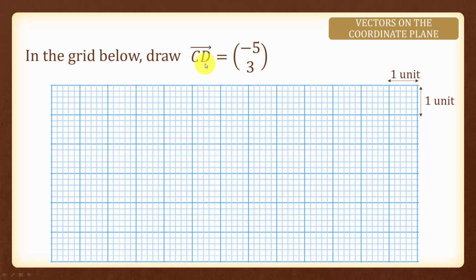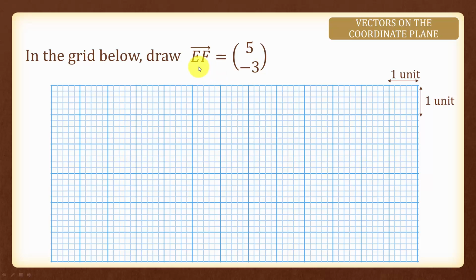Next, we are asked to draw the vector CD. Here we will start at point C, and we will move 5 units to the left because of the negative, and we will move 3 units upwards to give us the point D, and we will have vector CD.